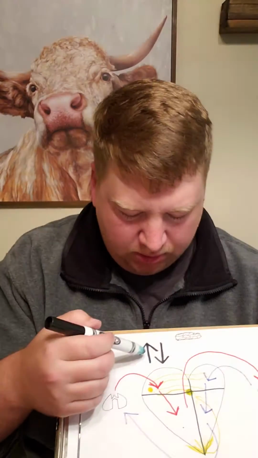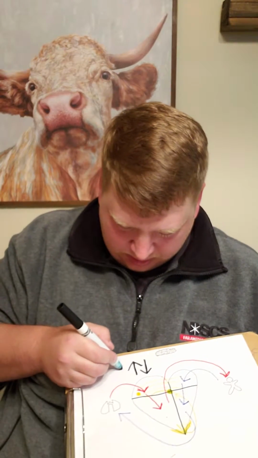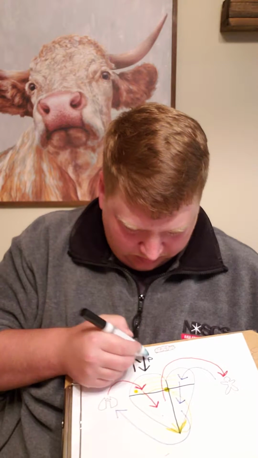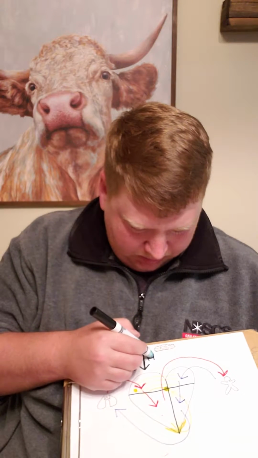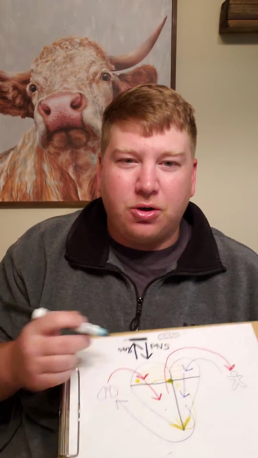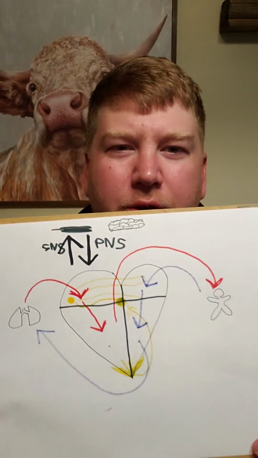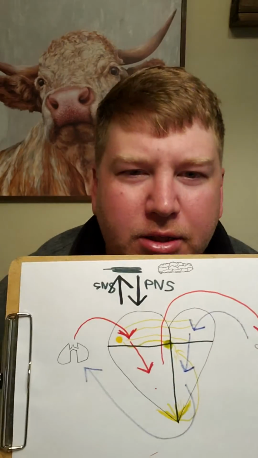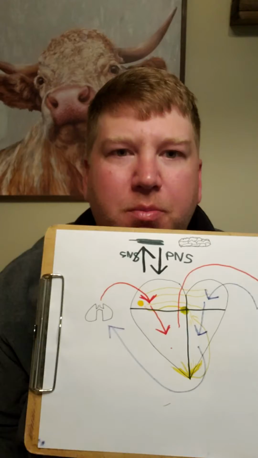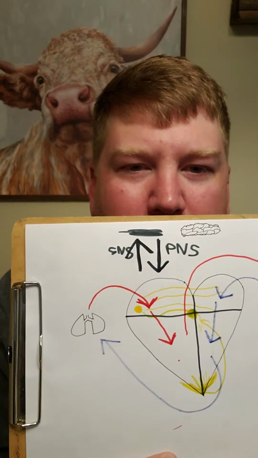So these two guys, the S and S, I'm sorry, it's upside down, the P and S, they're always in a constant struggle. All right. So there are things you can do to speed up and slow down your heart, say caffeine, smoking, high blood pressure, stuff like that. That's going to speed up your heart.